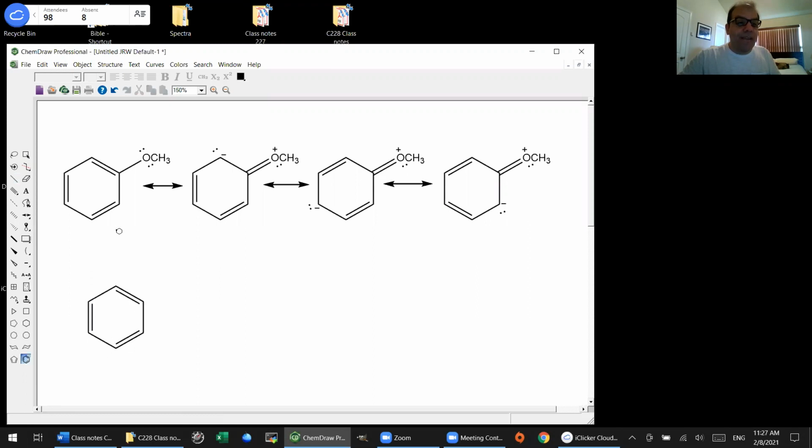We can do the same type of explanation in the case of nitrobenzene. But now I don't think we're going to want intermediates that look like this.